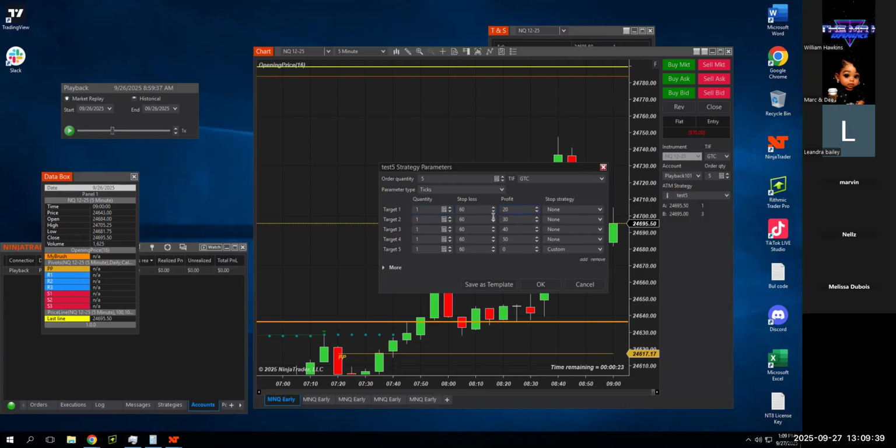Just have one contract at 20 ticks, one at 30, and set this at two contracts. But I wouldn't recommend trading more than two contracts on minis with an eval or PA, honestly. One to two contracts is more than enough money, at least until you build a nice little cushion, then you can do whatever you want.